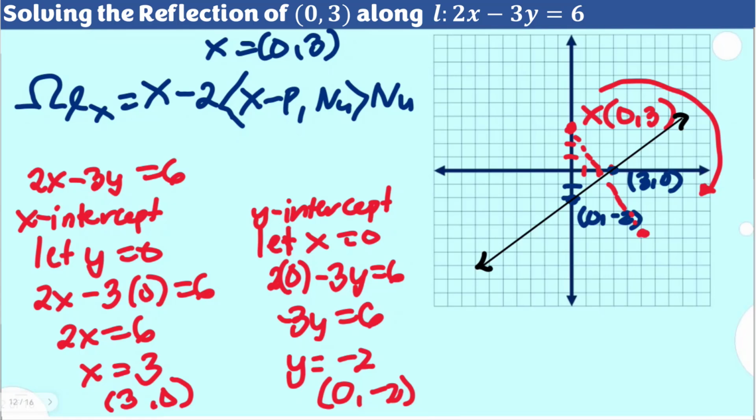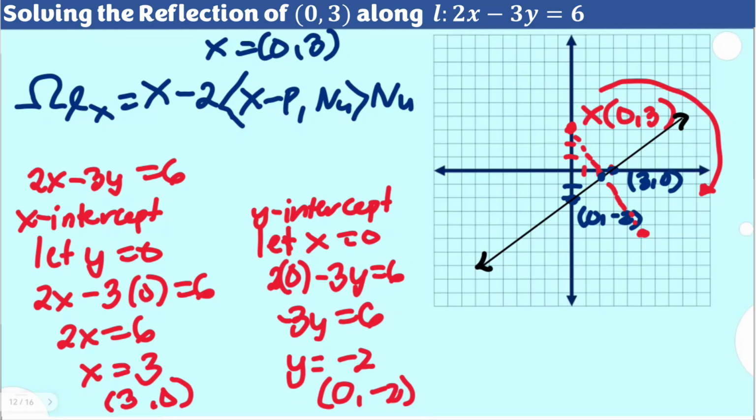We don't know that value yet, but we are guided. It's in the fourth quadrant. We are expecting a positive value for x, the abscissa, and negative for the ordinate. So that's our guide. By the way, this is our foot of the perpendicular, but we will no longer solve for that. We're just going to automatically apply the formula.